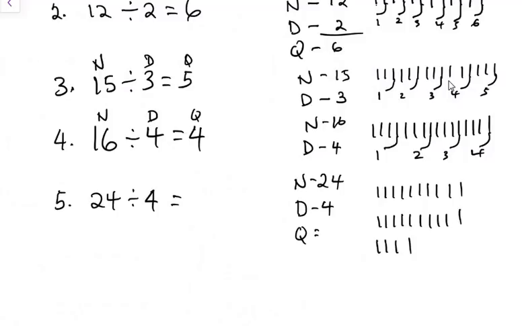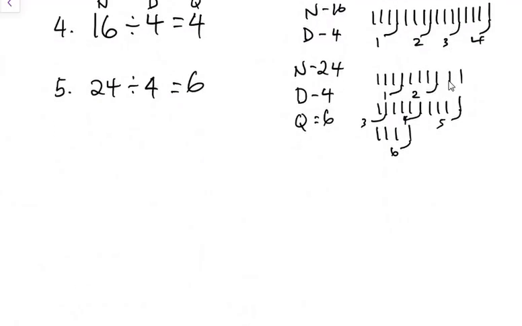So the question again we ask is, how many times will this denominator 4 go in 24? Or how many 4s can we find in 24? So we can break it down and count 4, 4, 4. How many times? 1, 2, 3, 4, 5, 6. So that gives us 6.